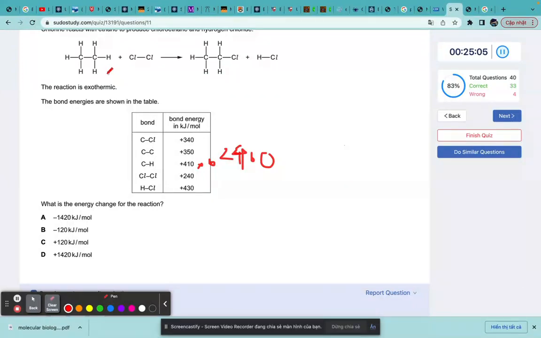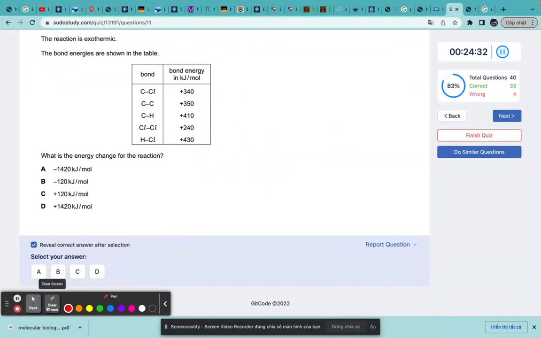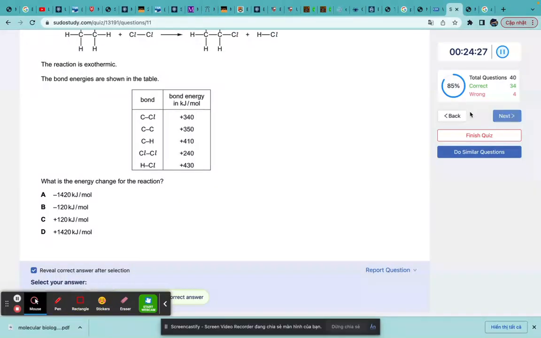So times 5 plus 350 plus 340. So 2, 0. And that plus 340. Okay, and that minus 3050. Right now. Be negative. Yes! We got that correct. Amazing.